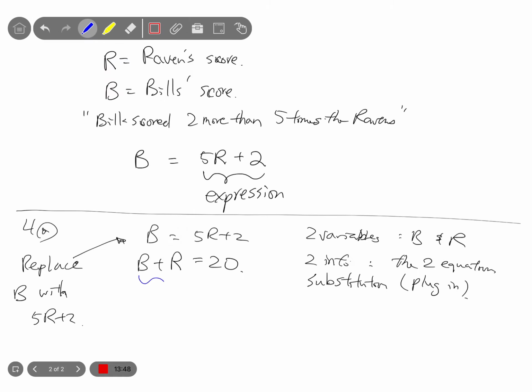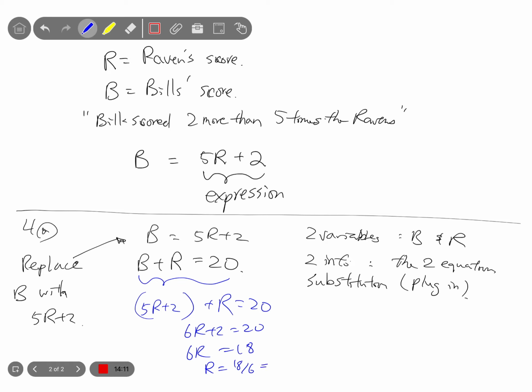So when you look at B plus R equals 20, this is exactly where we're going to go. Anytime I see a B, I'm going to replace it with 5R plus 2. So, plus R still equals 20. And this one's very easy to solve. This is 6R plus 2 is 20. 6R is 18. And R equals 18 divided by 6, which is 3.